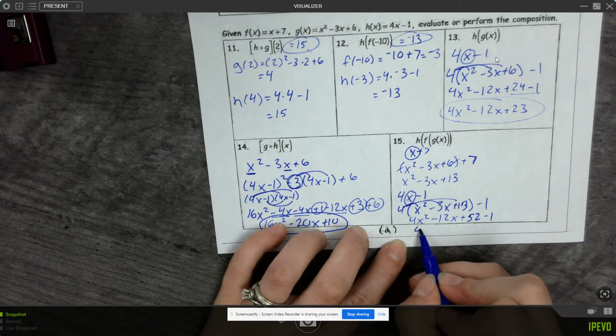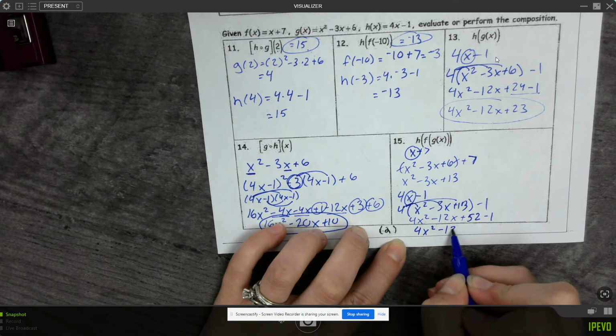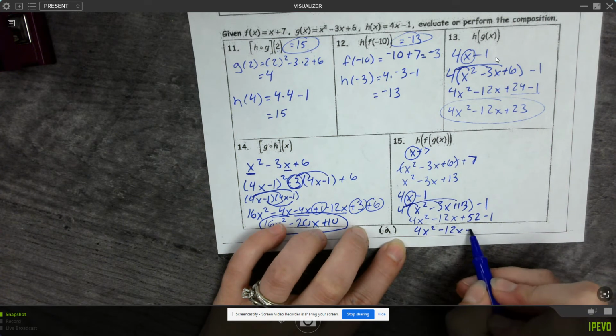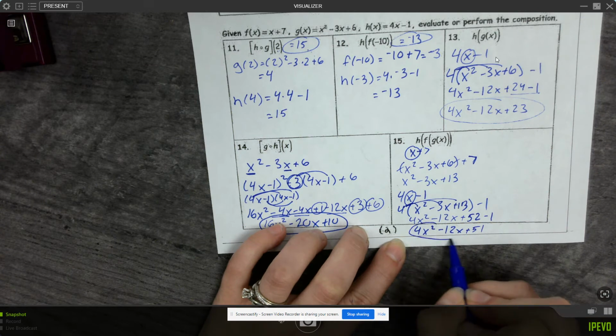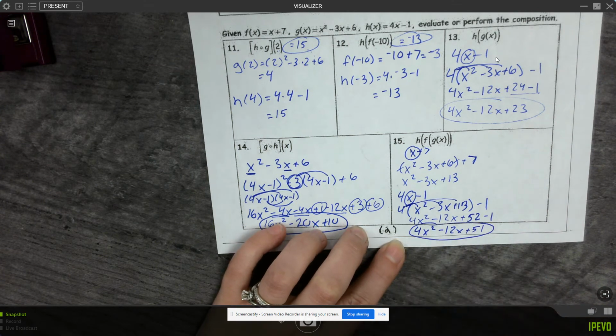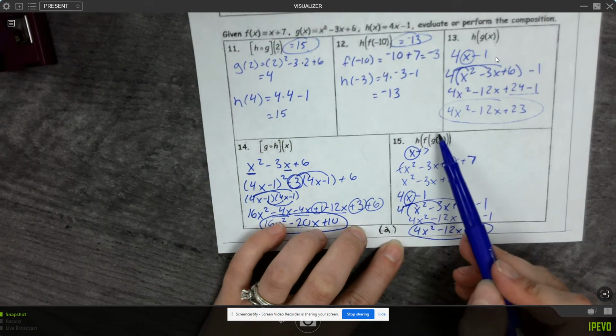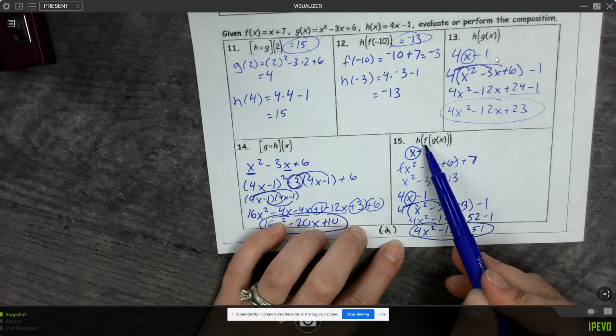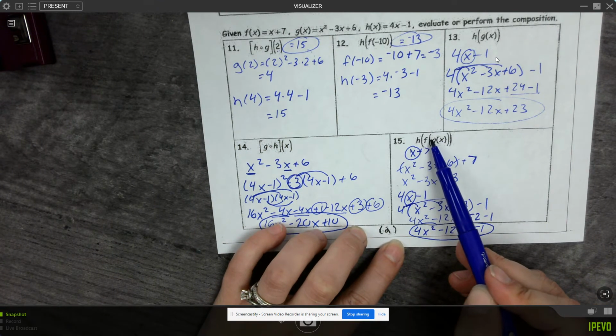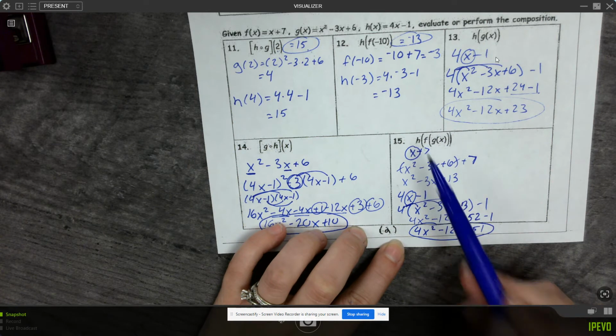Combining those like terms, you have 4x squared minus 12x plus 51. That's your final answer. So you start with the innermost and work your way out. Take the innermost and plug it into the outer one. And then in this case, you had then that and plug it into the outer one.